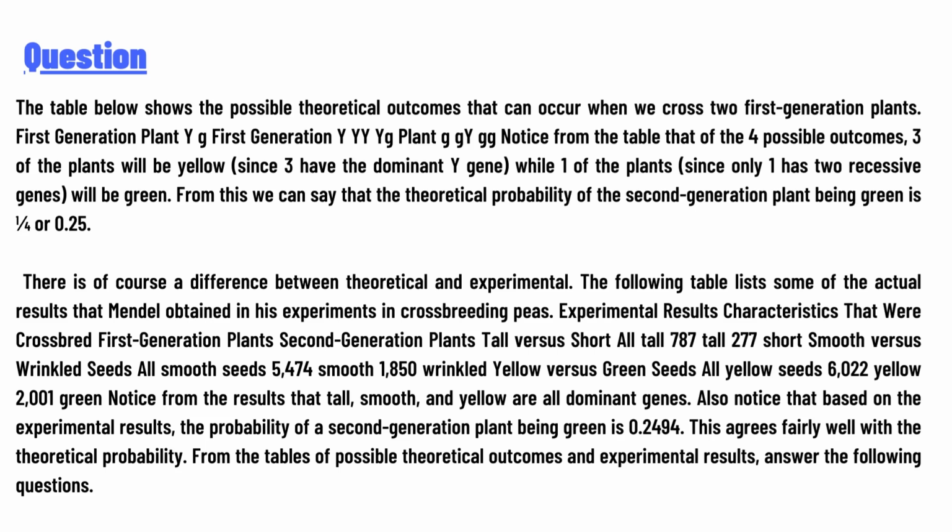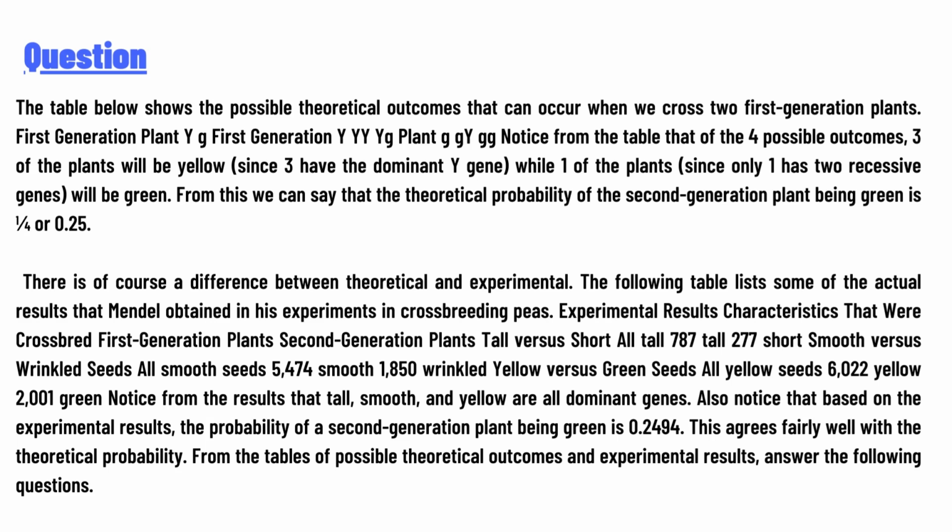Yellow versus green seed: all yellow seed, 6022 yellow, 2001 green. Notice from the result that tall, smooth and yellow are all dominant genes. Also notice that based on the experimental result, the probability of a second generation plant being green is 0.2494. This agrees fairly well with the theoretical probability from the table of possible theoretical outcomes.